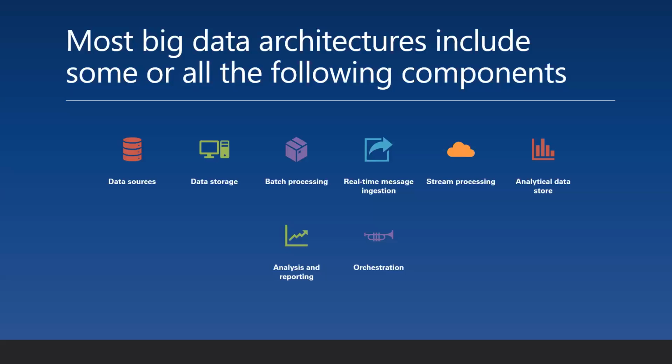To automate these workflows, we can use orchestration technologies such as Azure Data Factory or Apache Oozie and Sqoop. So we have all these options for scheduling these workflows using Azure Data Factory. There are a couple of modules available in my channel about Azure Data Factory orchestration. Please go through them.